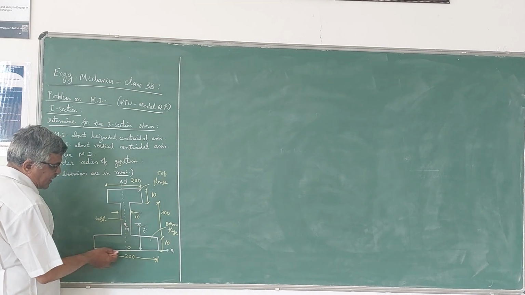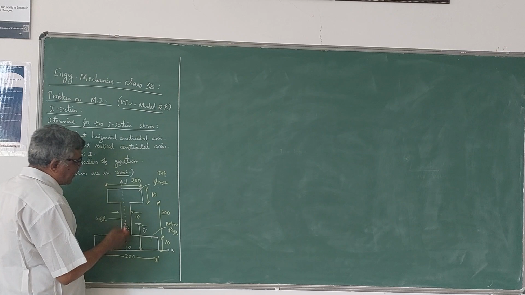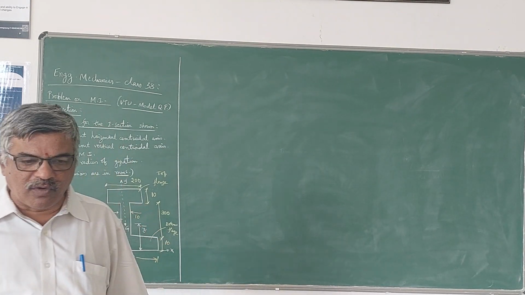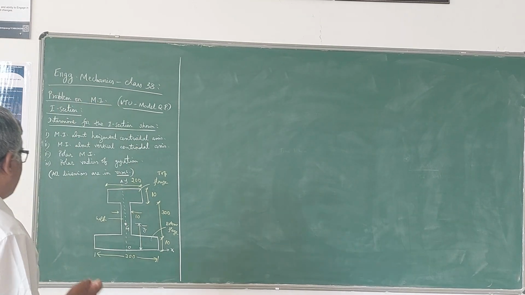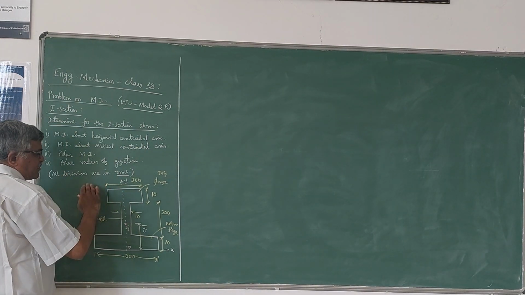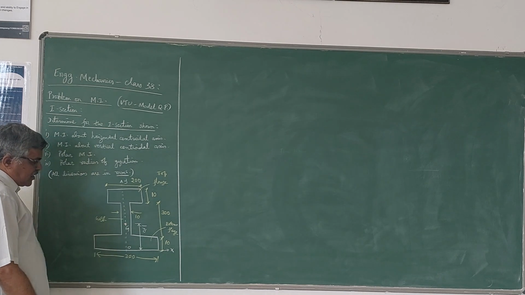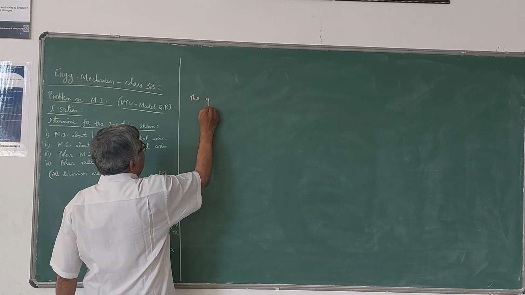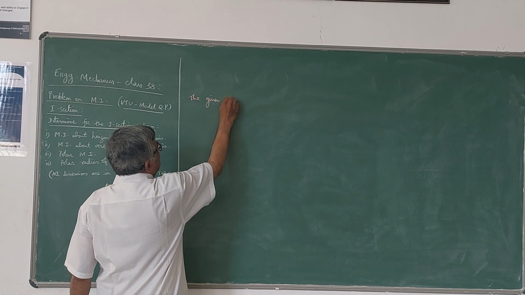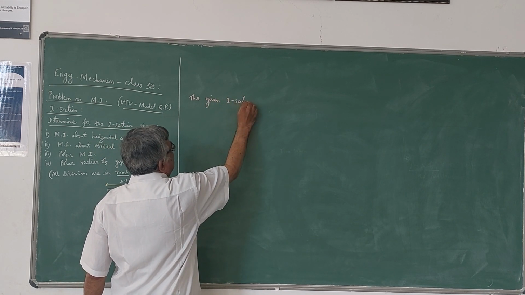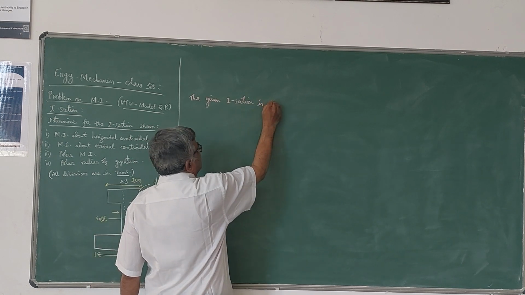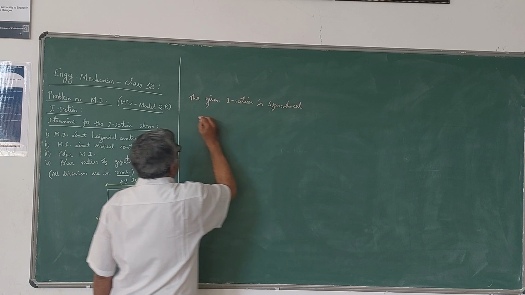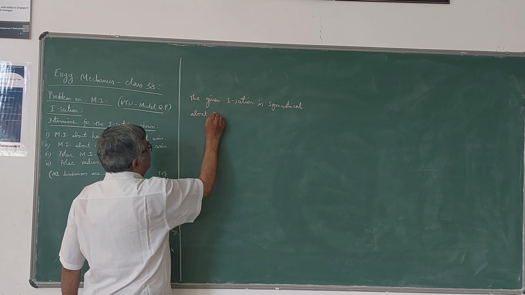And I have taken the x-axis as the bottommost end, and if you observe the I section given, it is symmetrical about the y-axis. So whatever is to the left of the y-axis, the same thing is to the right of the y-axis. So the given I section is symmetrical about the y-axis.